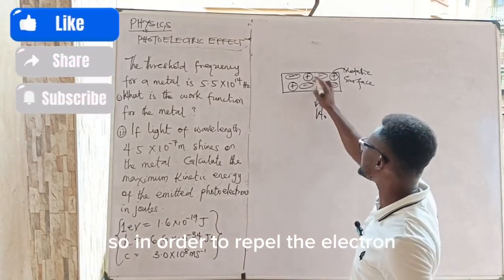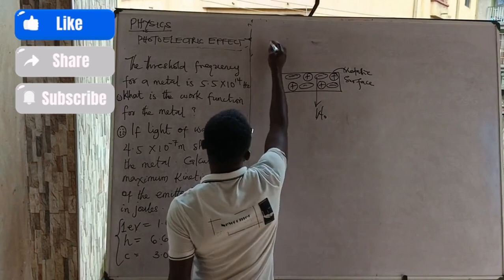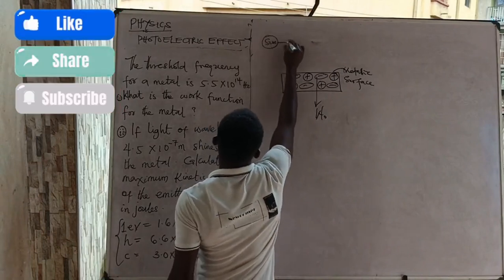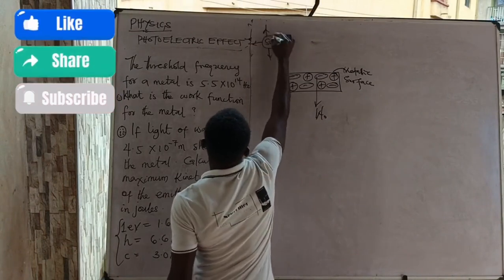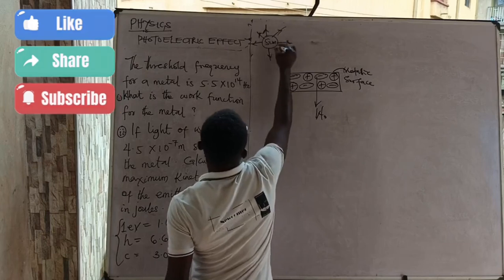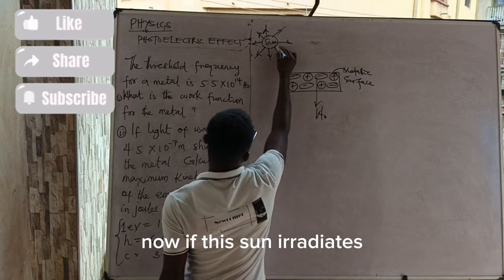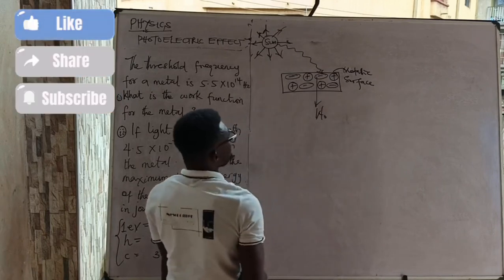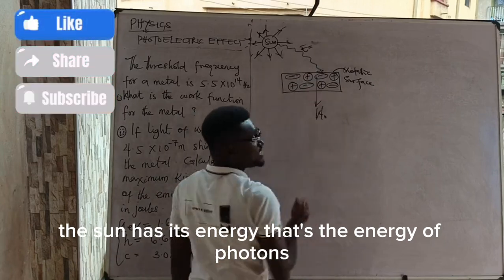So in order to liberate the electron now, you need light. We have, for example, if here becomes the sun, we have the rays of the sun. Now, if the sun irradiates this very surface, the sun has its energy, that's the energy of photons.